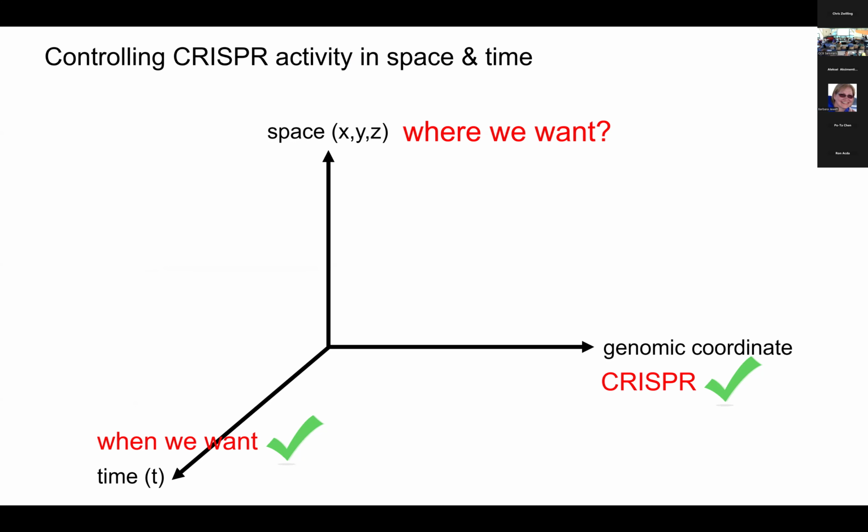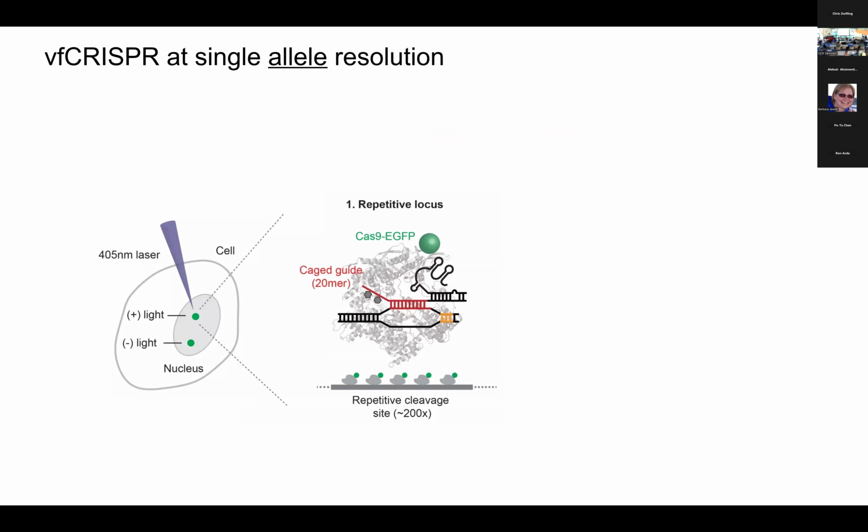The next thing we want to test is if we can actually activate this very fast CRISPR locally within the cell. Essentially, we want to see if we can actually activate this DNA repair or cleavage activity at a single locus. So one experiment that Yang did was he designed a guide RNA that targets 200 repeats of a repetitive sequence.